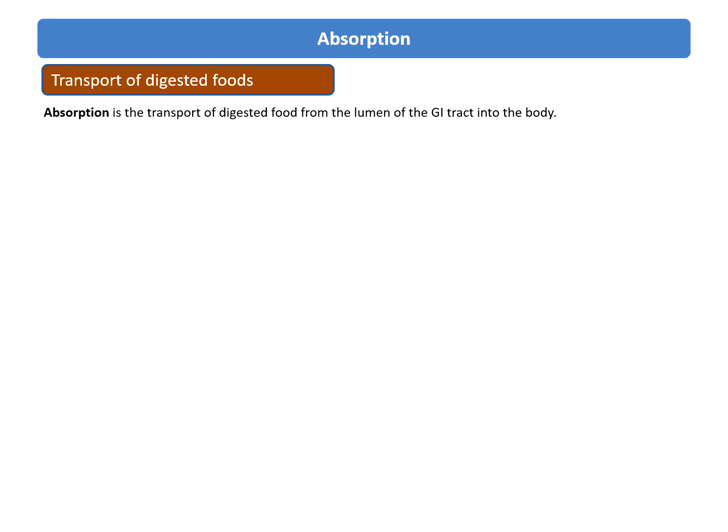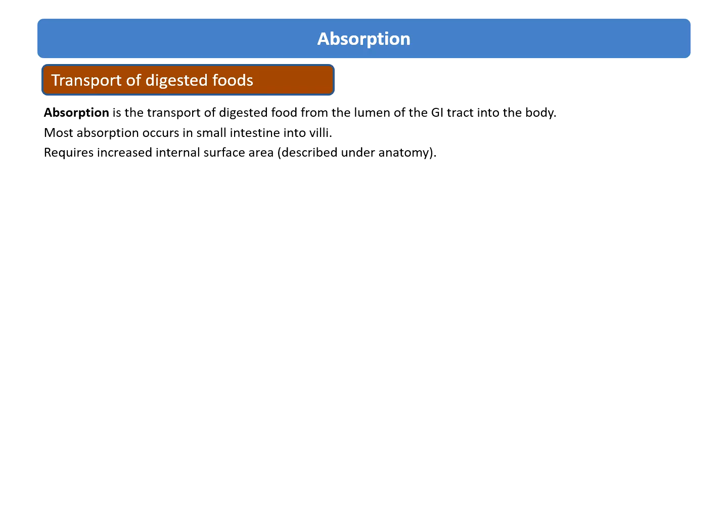Absorption is the transport of digested food from the lumen of the GI tract into the body. Most absorption occurs in the small intestine, into the villi, these microscopic finger-like processes. It requires increased internal surface area. We describe that under anatomy.